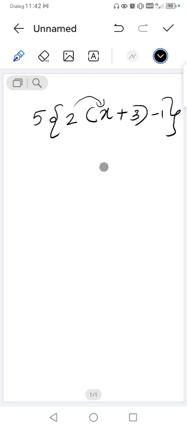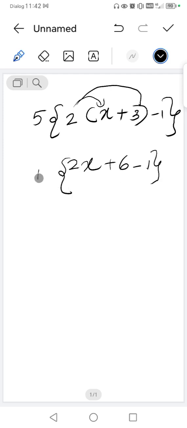So 2 into x is 2x, and 2 into 3 is 6, so it should be plus 6, and minus 1 is here, and the curly bracket is here, and here it's 5. So now I can write it like this: 5 curly brackets 2x plus 6 minus 1. Plus 6 minus 1 means it's plus 5.